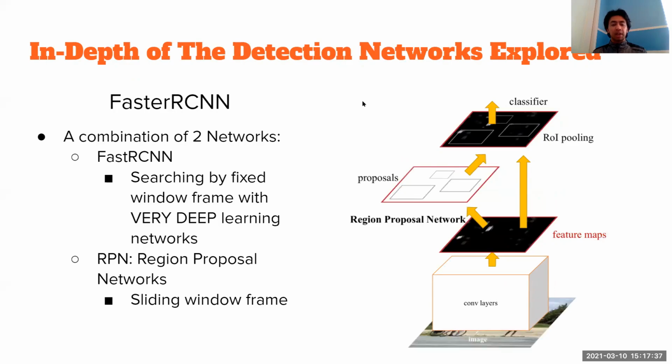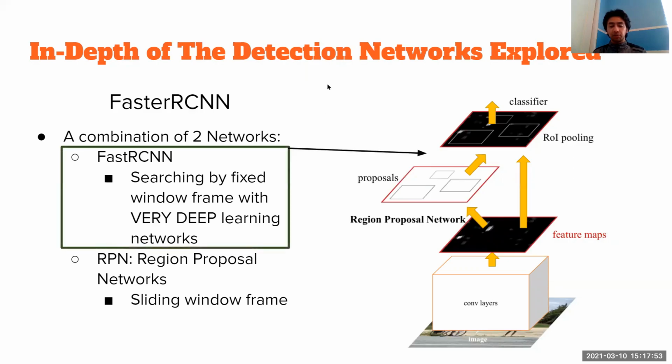From my demo, you saw that I used two detection networks. One was faster RCNN and the other was YOLO v2. Faster RCNN is a combination of two networks, fast RCNN and RPN. Fast RCNN searches by a fixed window frame that rolls over your image and, for each window frame, it detects whether within this window frame there is an object or not.